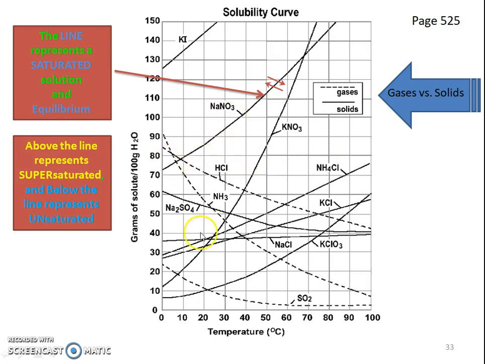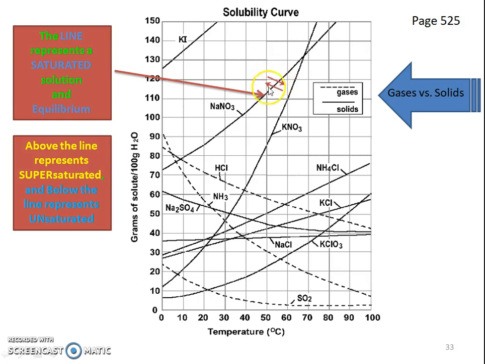So every one of these lines, these are all ionic compounds, or I should say most of them are ionic compounds. And as you see that straight line, that's your line of equilibrium. In other words, that's your saturation line. So any amount underneath that line would be unsaturated. On the line is equilibrium, and anything above it would be supersaturated. Again, I show you here with the NaNO3, the sodium nitrate.